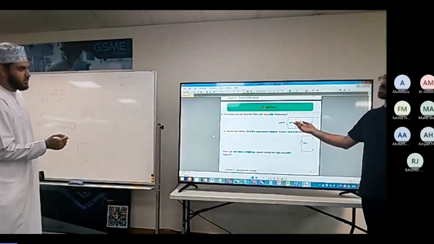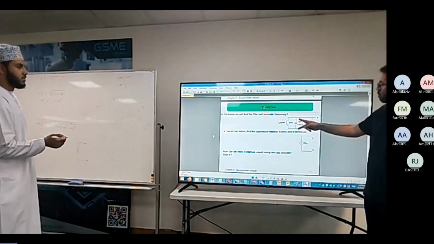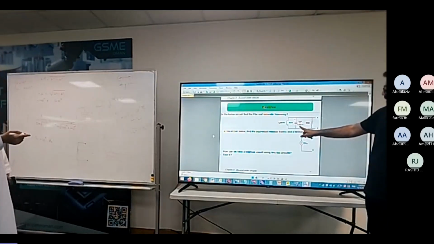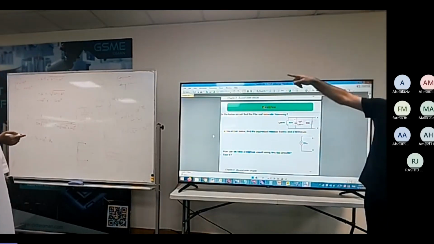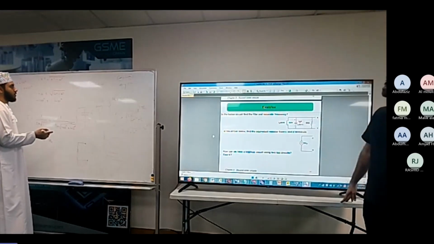The initial voltage of the capacitor: you are writing VC, which is the voltage of the capacitor. At the time of zero, it should be 1 volt. When you put t at zero, the result should be 1.